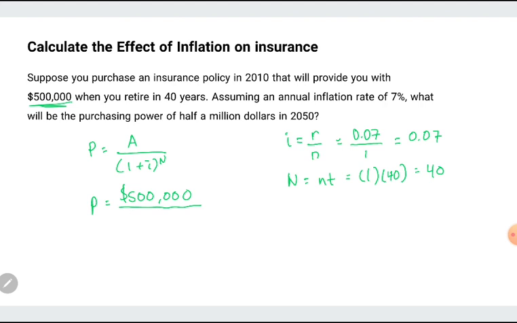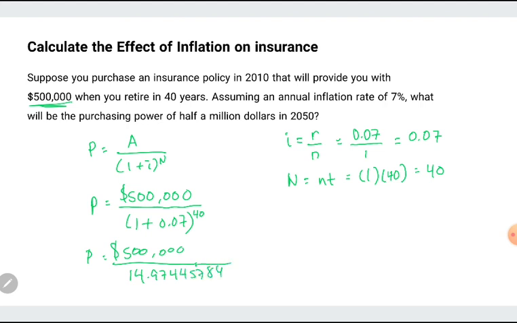If you want to get this purchasing power, 1 plus I, 0.07, capital N is 40. Okay, let me just compute for the denominator. 1.07 raised to 40 is 14.97445784.